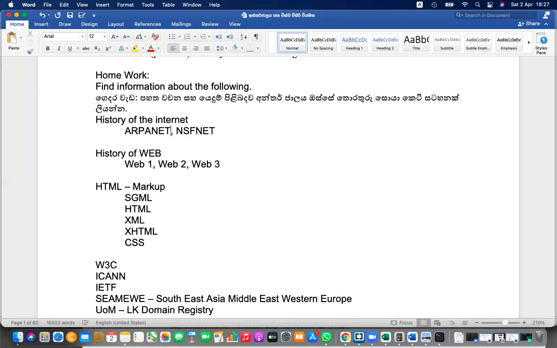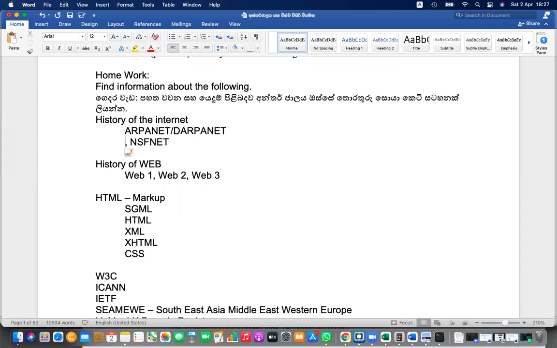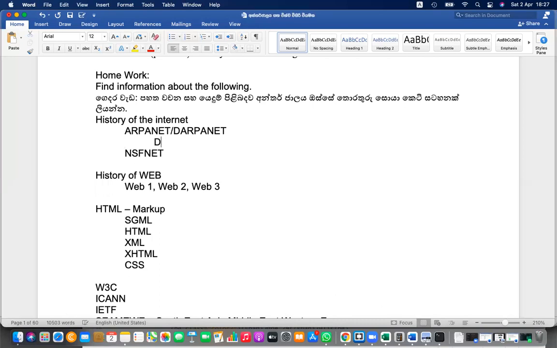ARPANET, sometimes DARPANET. You can write this down as an additional point. The meaning of ARPANET or DARPANET is Defense Advanced Research Project Agency Network.